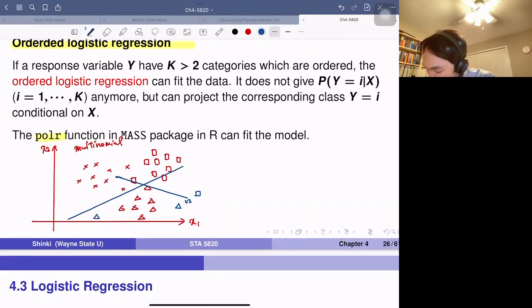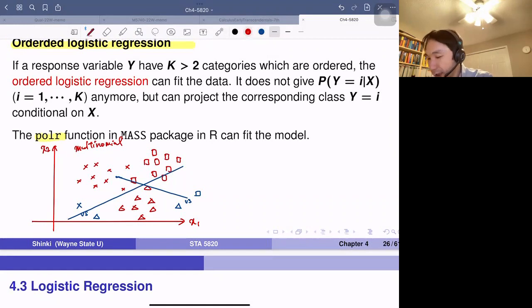If we compare these two probabilities, then we can get the probability that each point belongs to the crosses, the triangles or the squares. So this is the idea of multinomial.